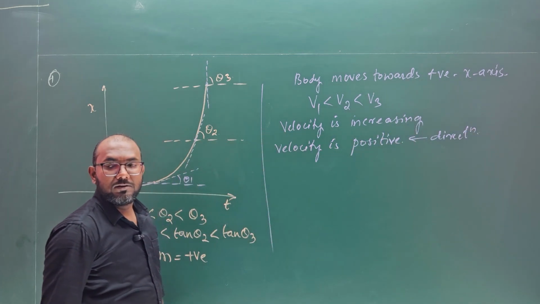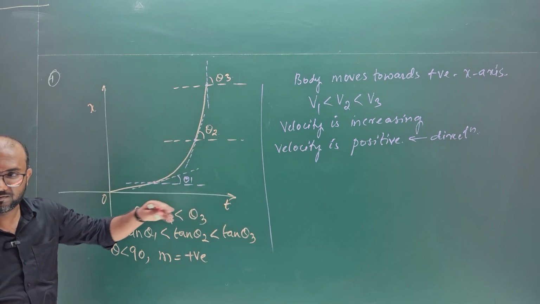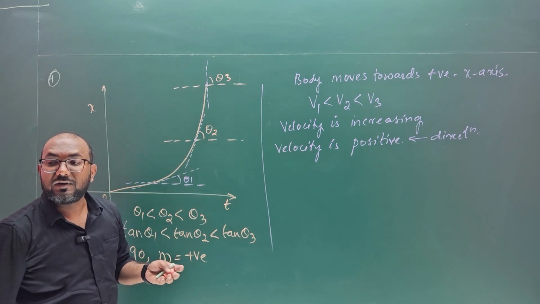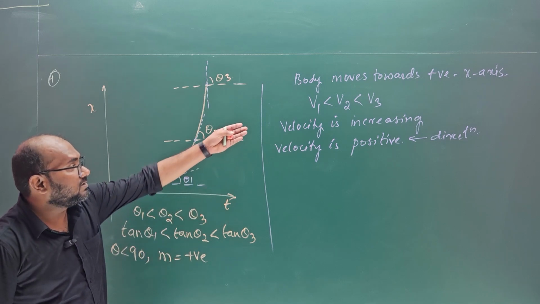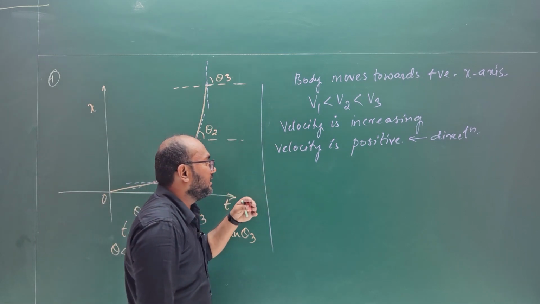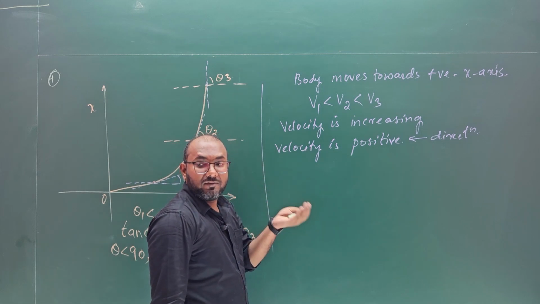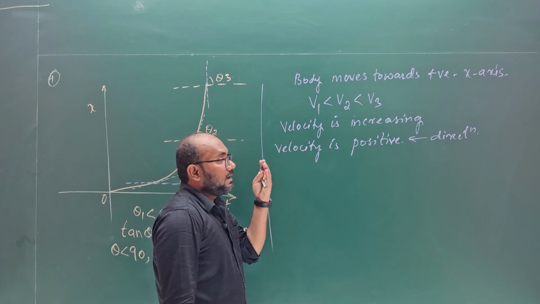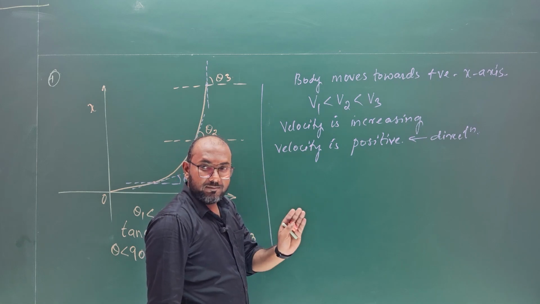Okay, so velocity is positive means the direction of velocity is towards the positive side. Okay, where will be the direction of acceleration? First thing, will acceleration be there or not? Yes. Why? Because velocity is changing, it is increasing. Yes or no? So definitely there will be an acceleration, and whenever the body is moving with increasing velocity, we all know that the direction of velocity and the direction of acceleration will be in the same direction.